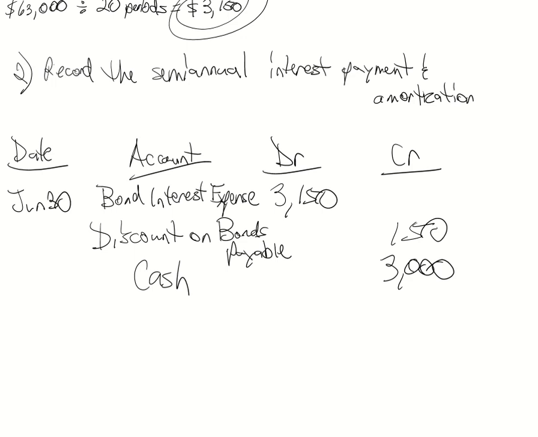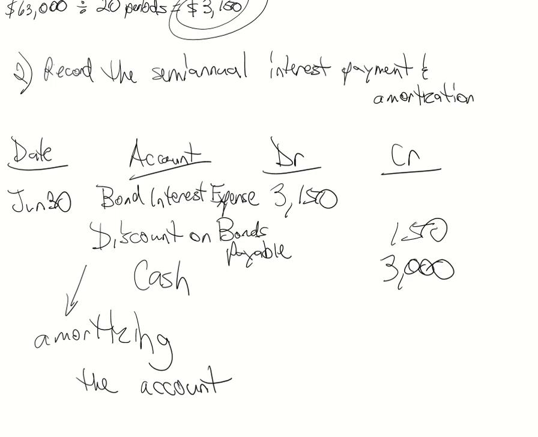So the difference of $150 is going to be credited again to discount on bonds payable, and this is when you are amortizing the discount on bonds payable. Amortizing the account means that you're just writing down the account as the cash payments are made towards interest.